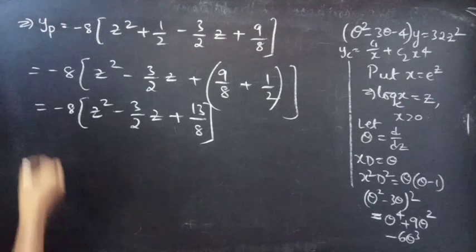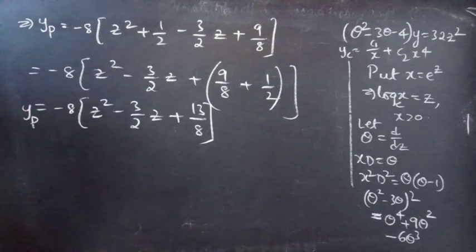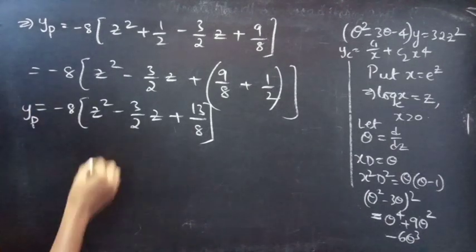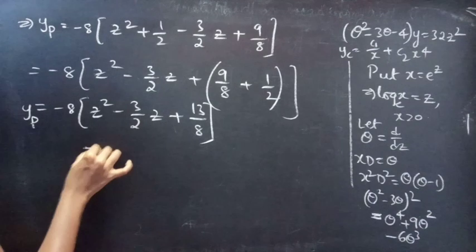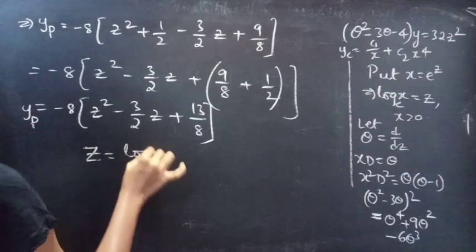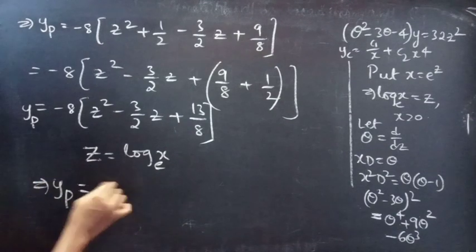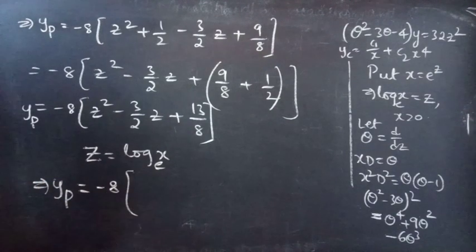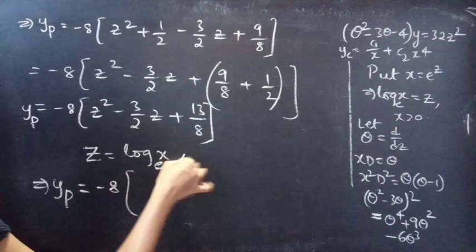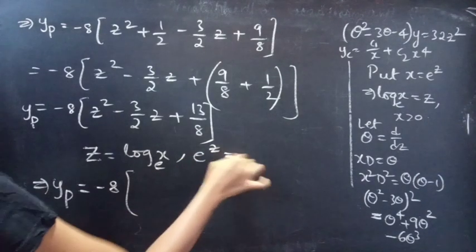See, here we have yp in terms of z. So let's write it in terms of x. Replace z by log x to the base e. Then yp becomes minus 8 into, because we have z equals log x to the base e and e power z equals x, right?